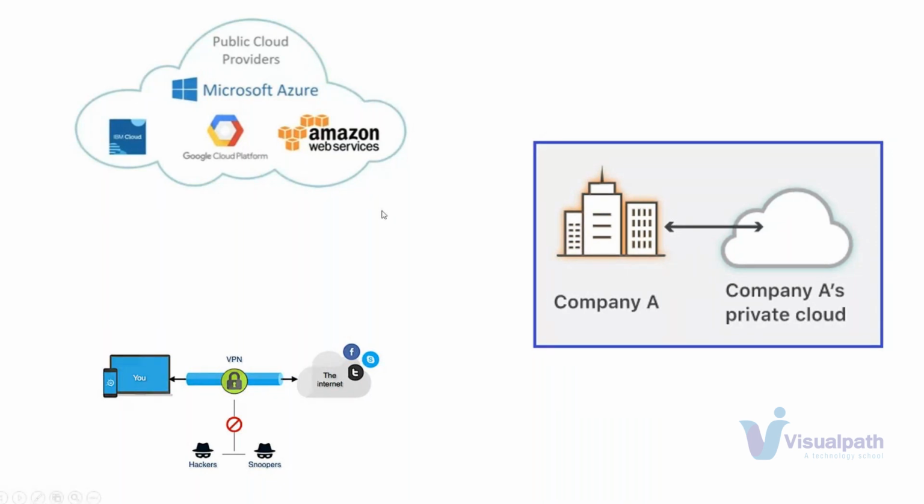Majorly you will be hearing two things: public clouds and private clouds. So when switching to the public cloud, these are the challenges. And you will be having this private network. Whatever organization you are working with, you will have your private network. Once you connect to the VPN, you go into the private network. From this private network, you may connect to a public cloud or to a private cloud.